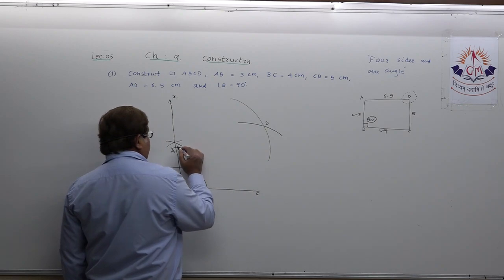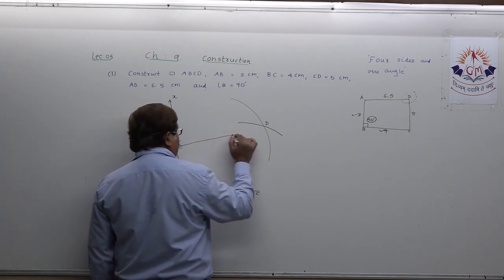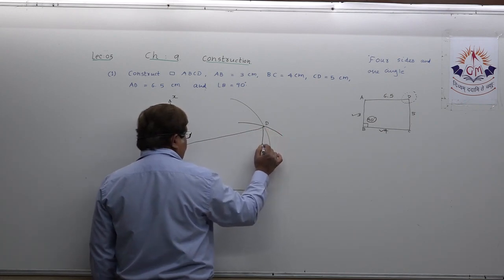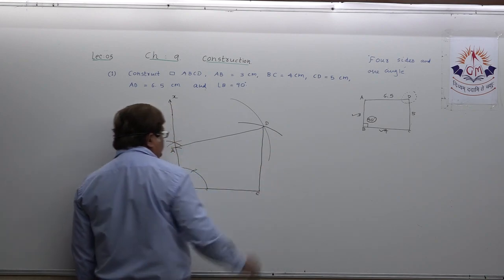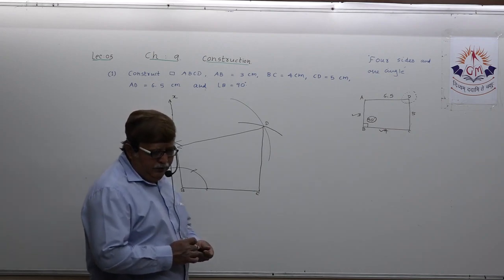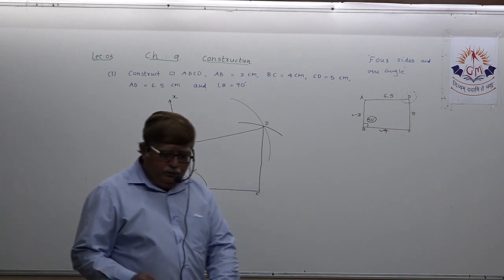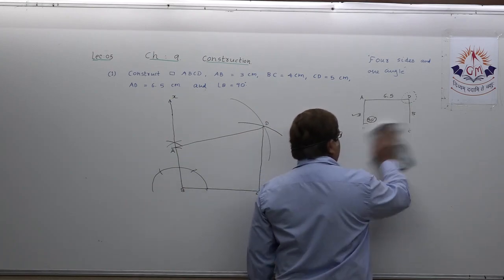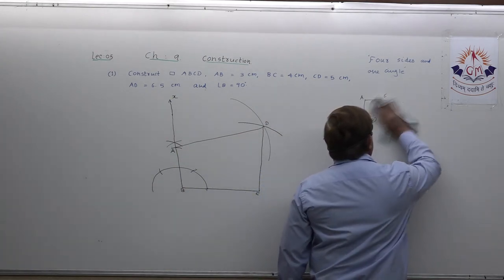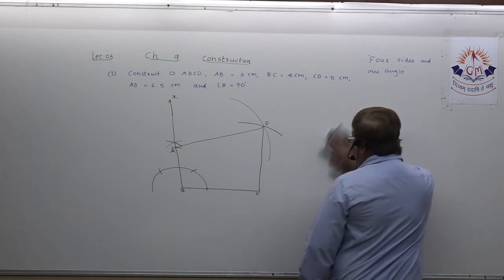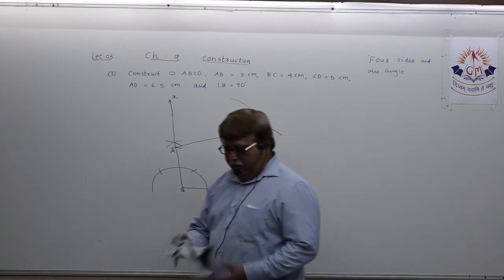Now it is a simple question of joining AD and joining CD. The quadrilateral ABCD has been constructed in this way. You also do at home. Before we start writing the steps of the construction, first you complete the construction.